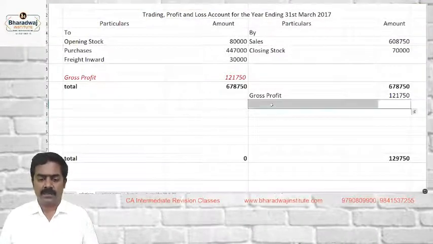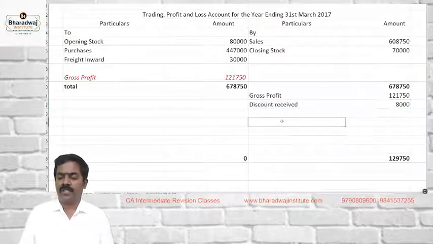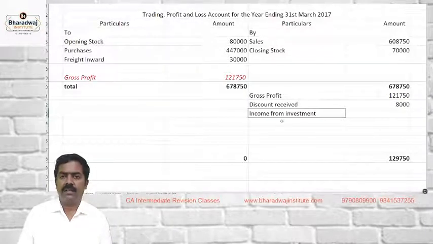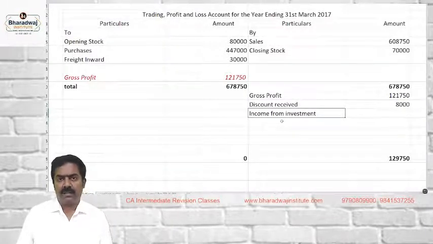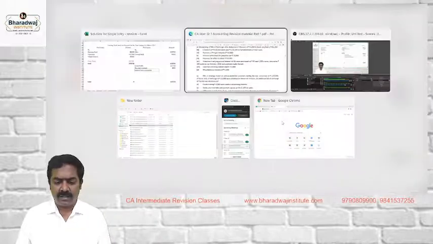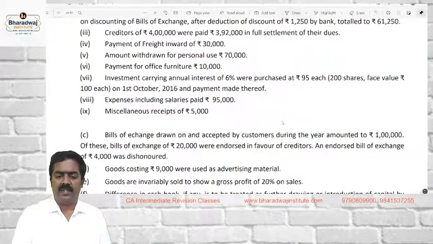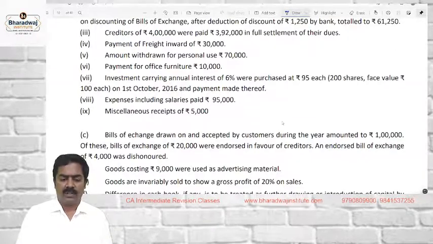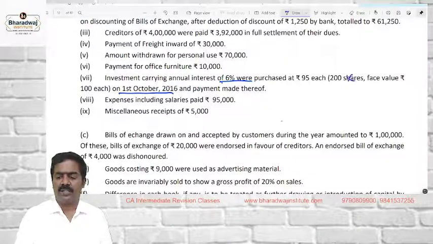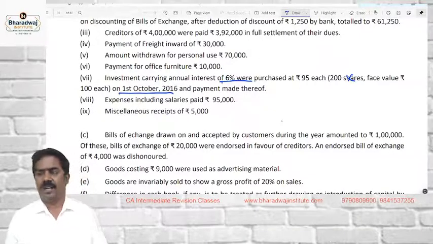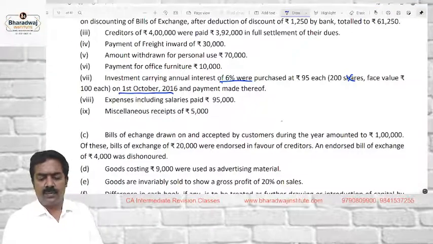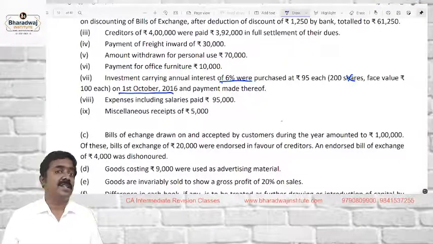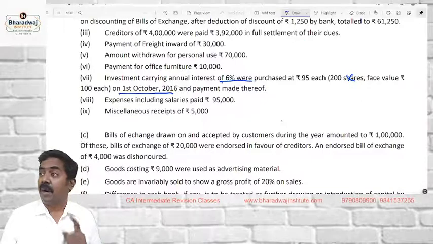What are other incomes? Discount received 8,000 will be there. Then everybody pay attention to this point. Look at the investments. The investment was purchased on 1st October 2016. Actually, it should have been debentures, not shares. Maybe our admin made a typing error. Leave it. So 1st October 2016 to 31st March 2017.